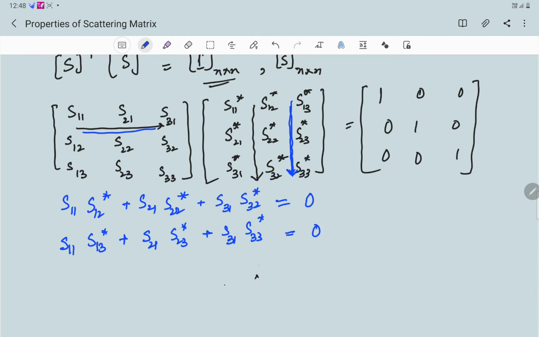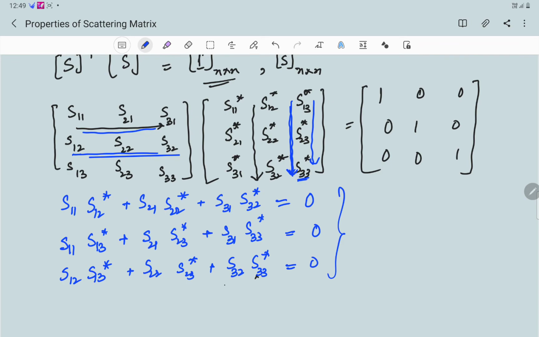Or I can even multiply this row, the second row, with the third column. In this case, I'll again get a 0 on the right side: S12 S13 conjugate plus S22 S23 conjugate plus S32 S33 conjugate would be 0.